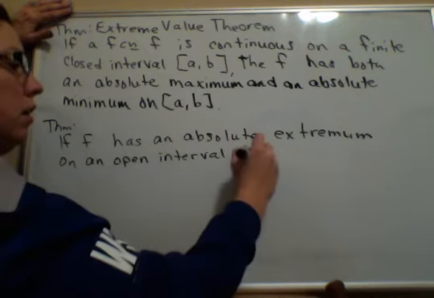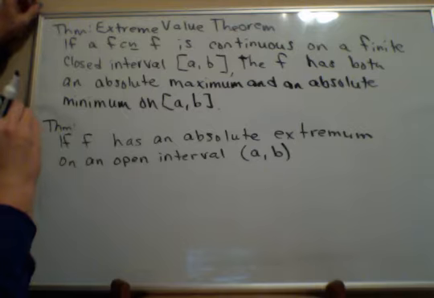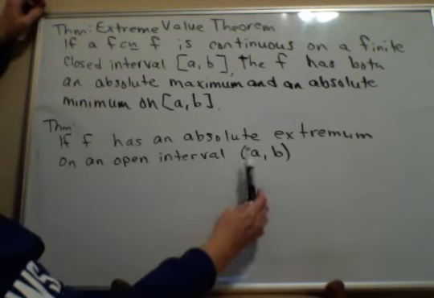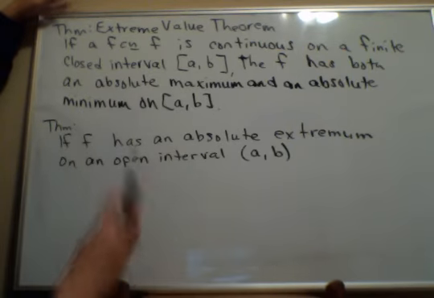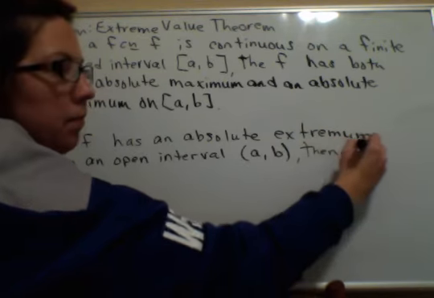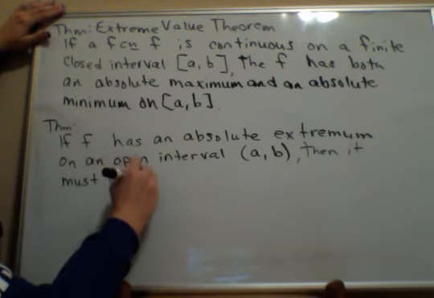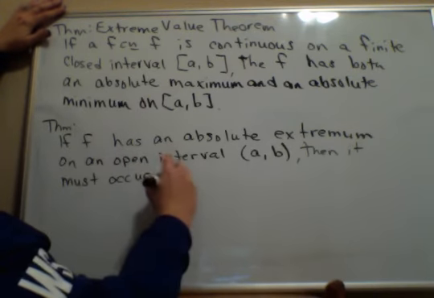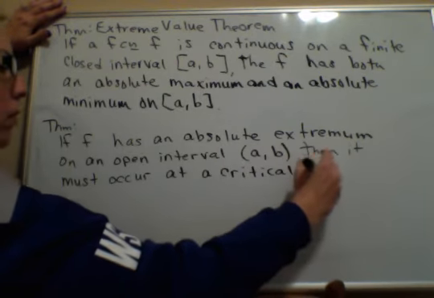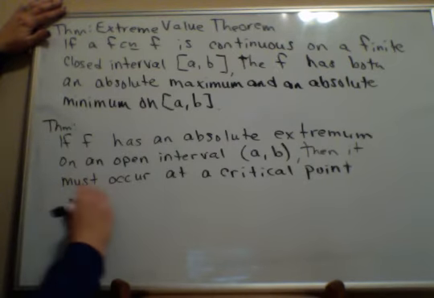A to B. So now we're not including A and B, but everything just up to A and everything just up to B, which is why it's considered open, because we can't really know for sure what is the last number right before we're exactly equal to A. Then it must occur at a critical point of f. Okay.